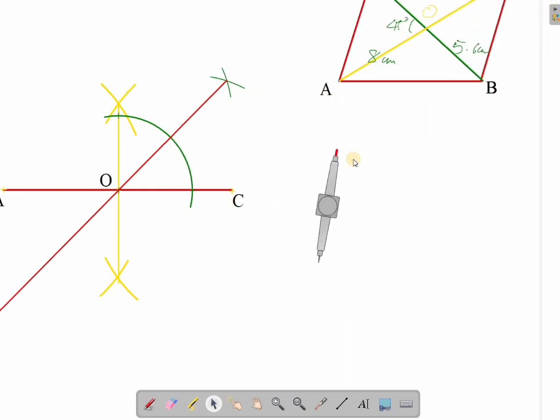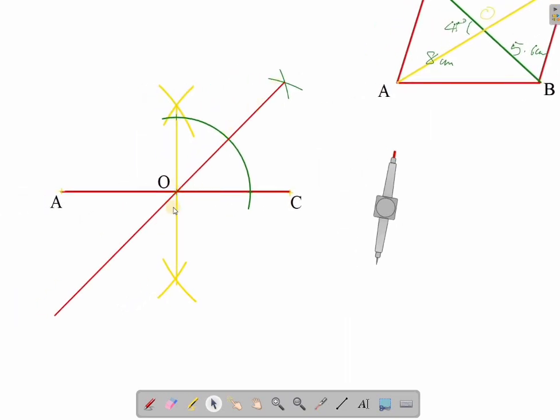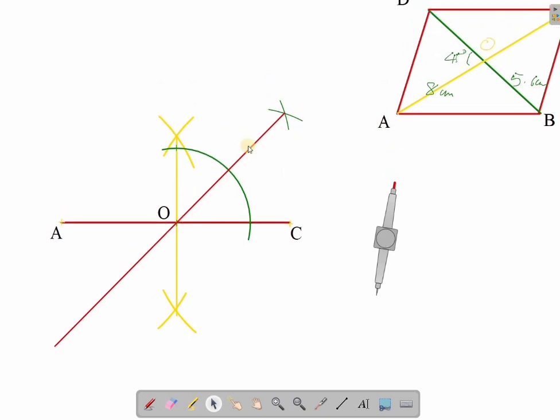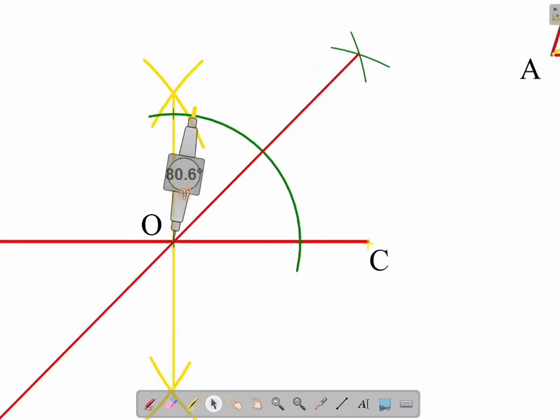Now you see this diagonal has to be how much? It is 5.6. So this side it has to be 2.8 and this side also it has to be 2.8. So let's make the compass 2.8 and keep it at O. So we will now cut the line.